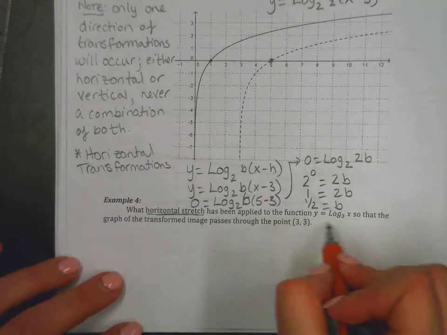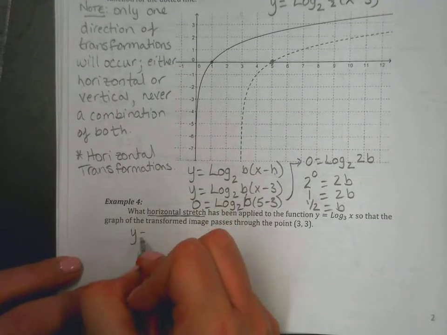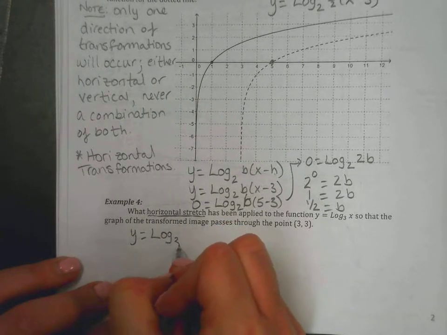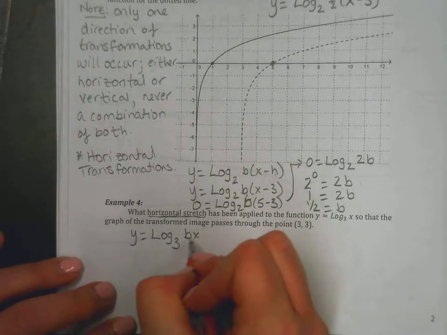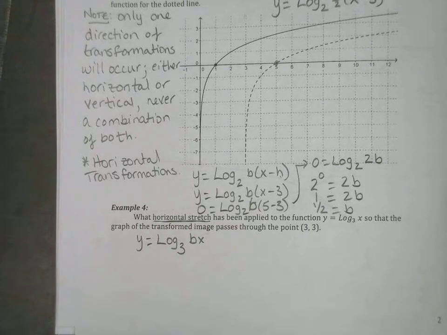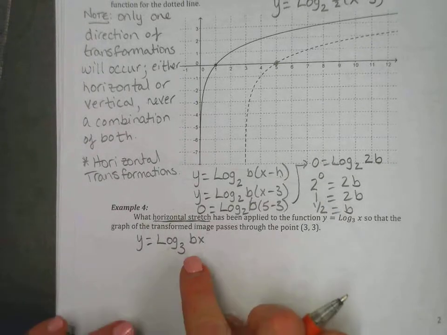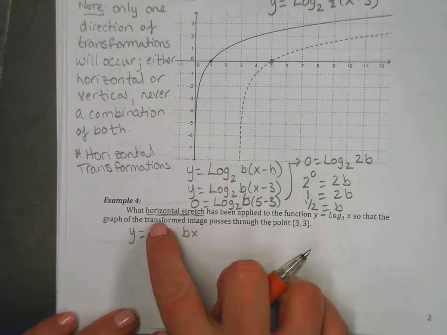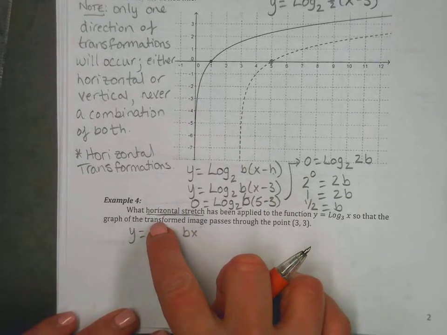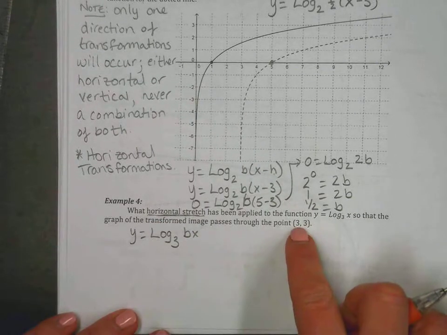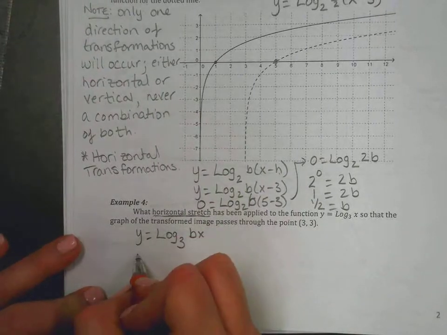So I'm going to rewrite this equation as y equals log base 3 of bx. b is going to be my horizontal stretch. It tells me a point on my transformed graph, (3, 3), so I'm going to substitute that in for x and y.